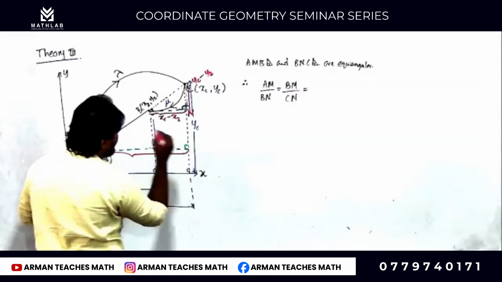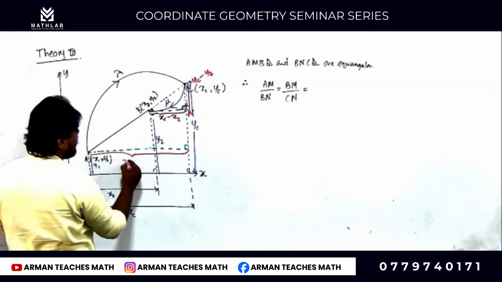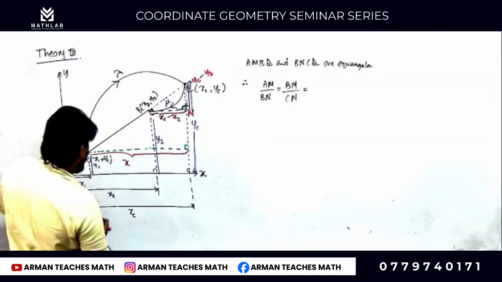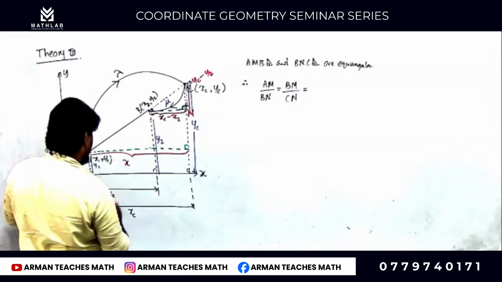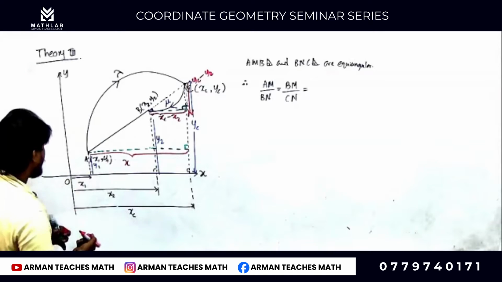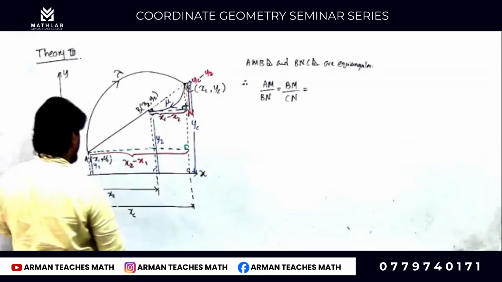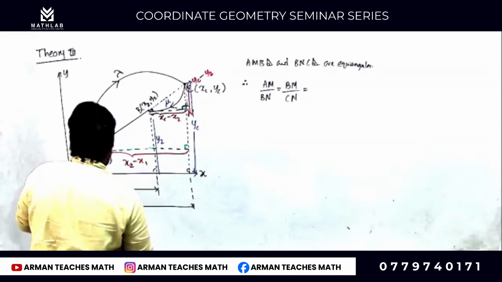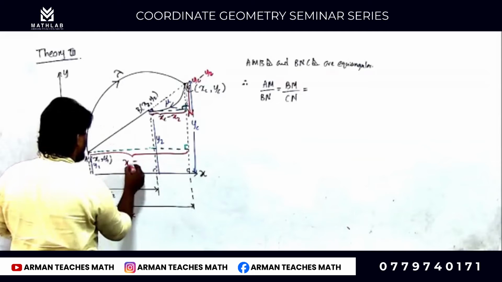So we have the length here. What is this? XC minus X2. Sorry. Not XC minus X2. X2 minus X1. Not X2 minus X1 either. XC minus X1. Sorry, my bad.